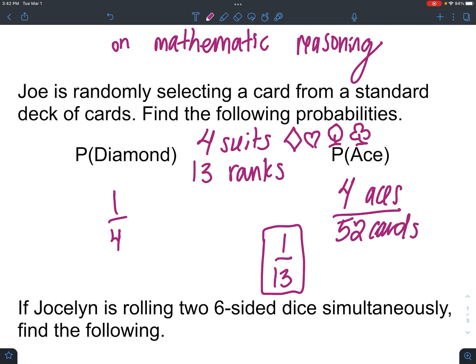But this makes sense to us too. Aces, it's 1 of the ranks out of 13, right? So as long as all the cards are in there, that's what we would expect. If we start pulling cards out of the deck and we only have like 49 cards left, our probabilities are going to change, right? Depending on what was picked and what you have left.